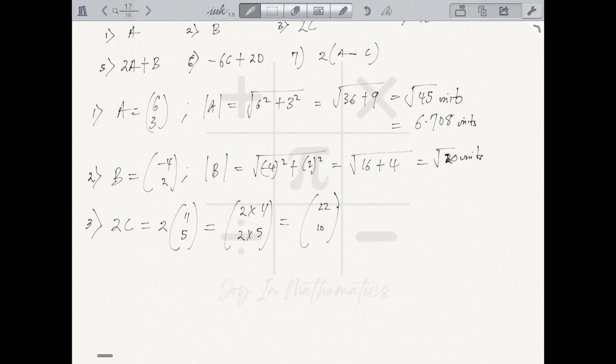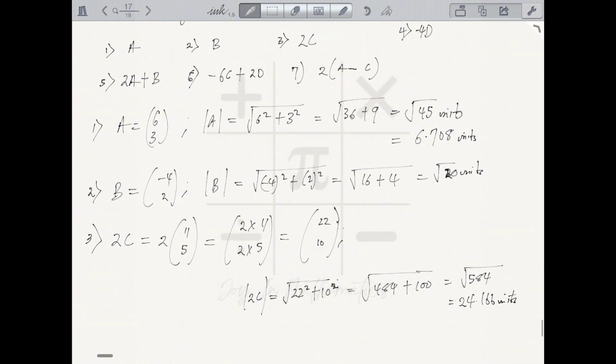So we can evaluate the magnitude of 2c, which is equal to the square root of 22 squared plus 10 squared. 22 squared is equal to 484 and 10 squared is 100, so this will result in 584. If you take the square root of 584 with a calculator, you will have 24.166 units.